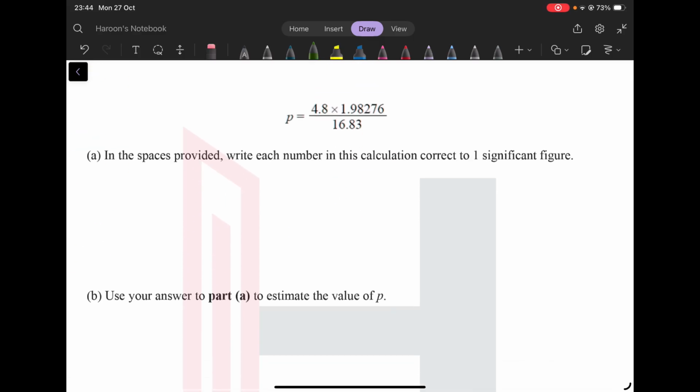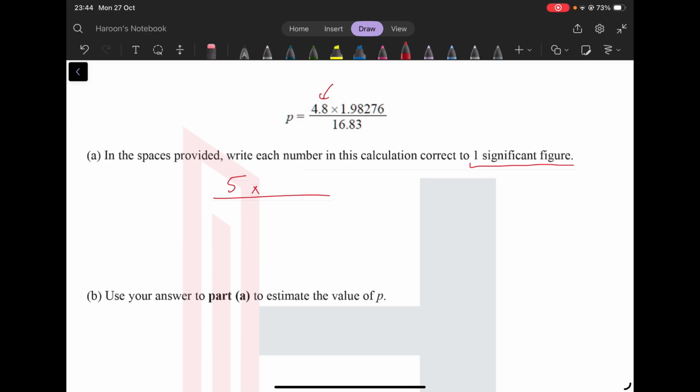Okay, now in the spaces provided, write each number. First, write it correct to one significant figure. So this is 4.8. The second significant figure is 8. 8 is greater than 5, so I add 1 to the previous digit. So 4 becomes 5. I do not write zero point 0 because that would be two significant figures. Now multiplied by 1.9. The second significant figure is 9. This is greater than 5.